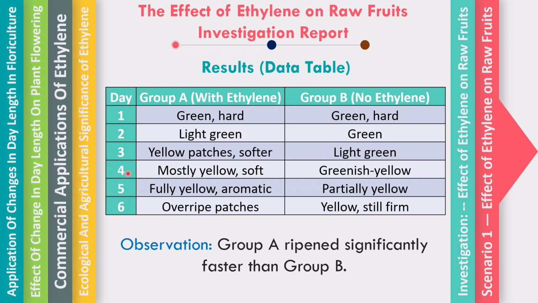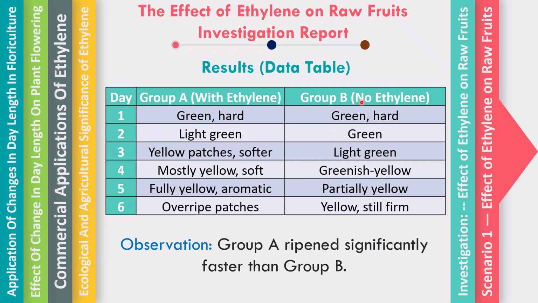On the fourth day, the group with ethylene were mostly yellow and soft. Group B without ethylene were greenish yellow. On the fifth day, the group with ethylene were fully yellow and aromatic.